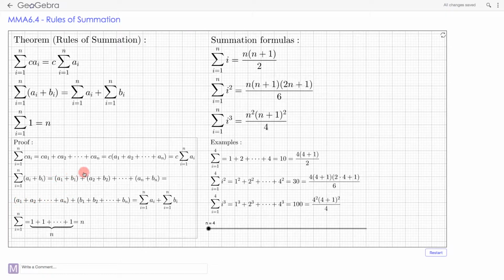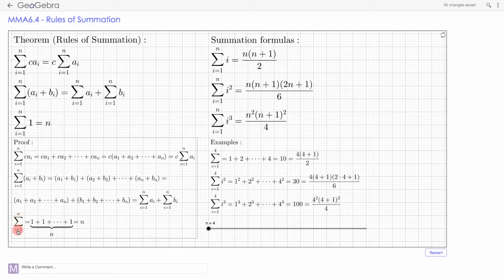We take the a terms from here and from here and put them into one big parenthesis, and then take all the b terms afterwards and put them into another parenthesis. What we have here is the sum of all the a_i, and here we have the sum of all the b_i. So we get this result here, which is exactly what we have up here, right?